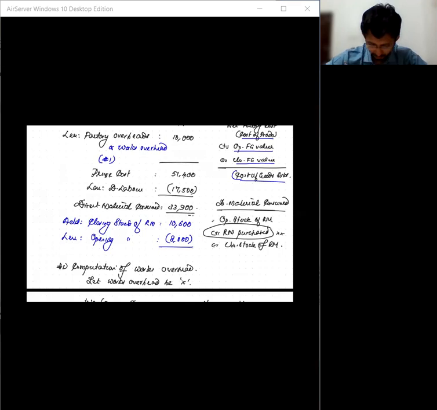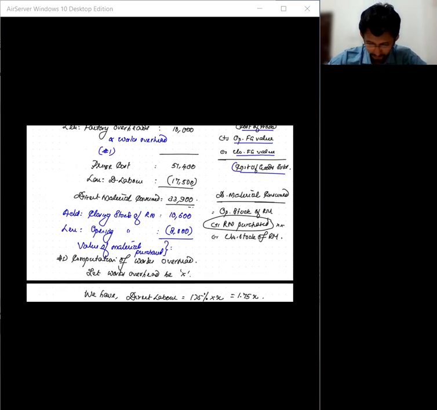So the value of material purchased is 33,900 plus 10,600 minus 8,000. It will be 36,500. So 36,500 will be the value of material purchased. Okay, so this is the first part of the question.